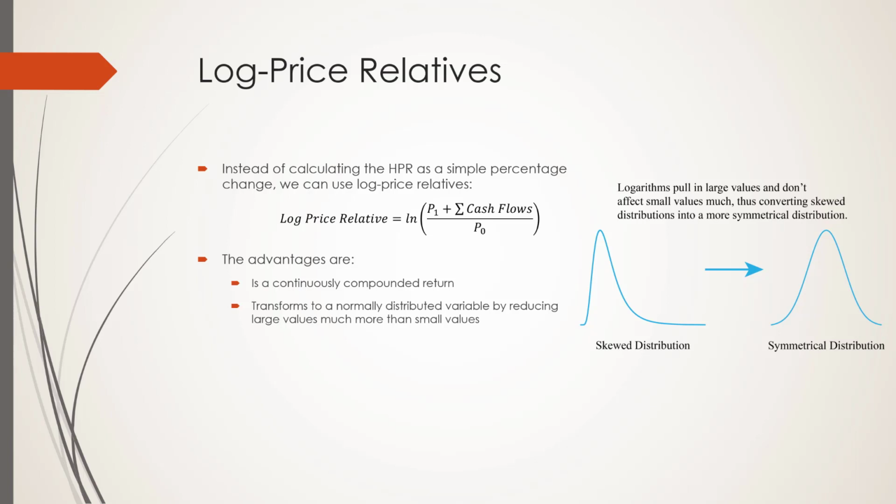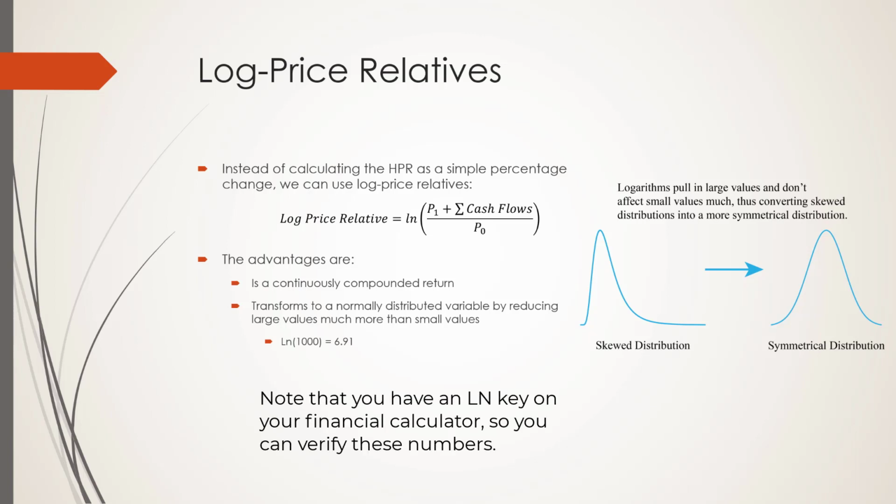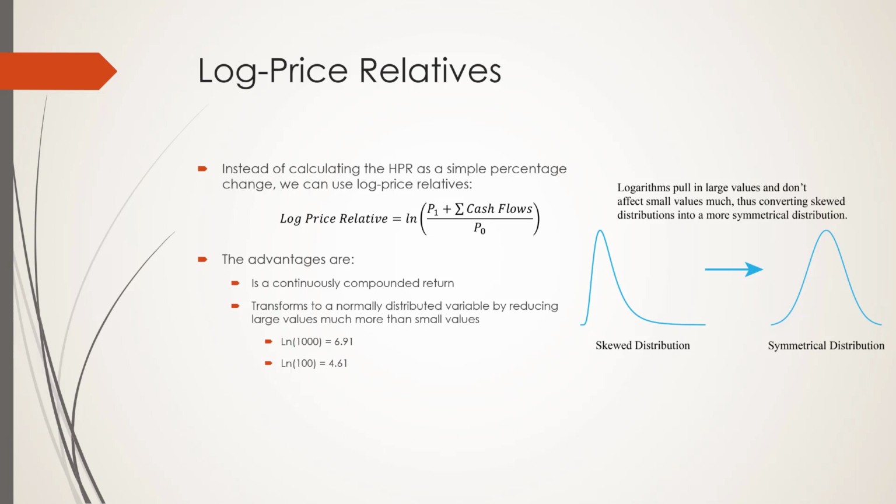And let me show you some natural log examples so you can see what I'm talking about. The natural log of 1,000 is 6.91. The natural log of 100, which is 10 times smaller, is 4.61. And notice that 100 is 10 times smaller than 1,000, but 4.61 is not 10 times smaller than 6.91. So that 1,000 was shrunk a lot more than the 100 by taking the log.